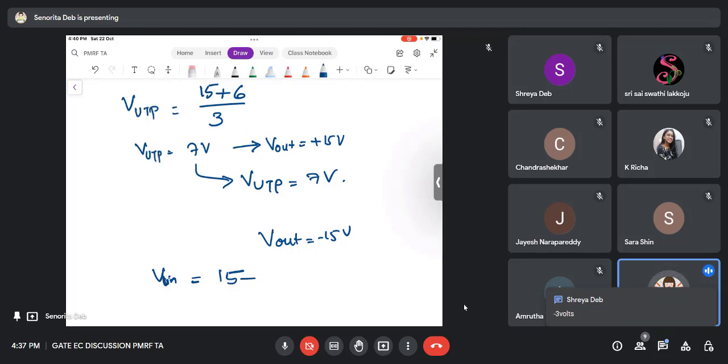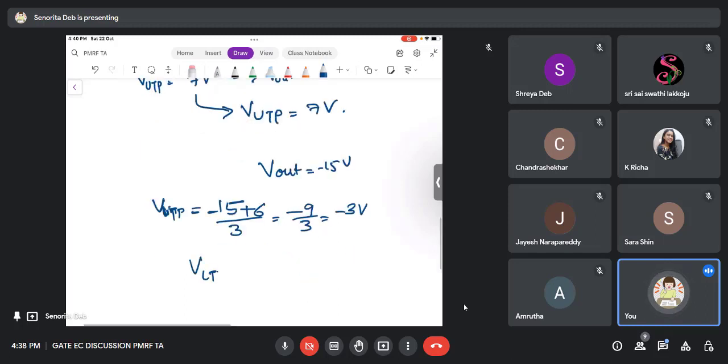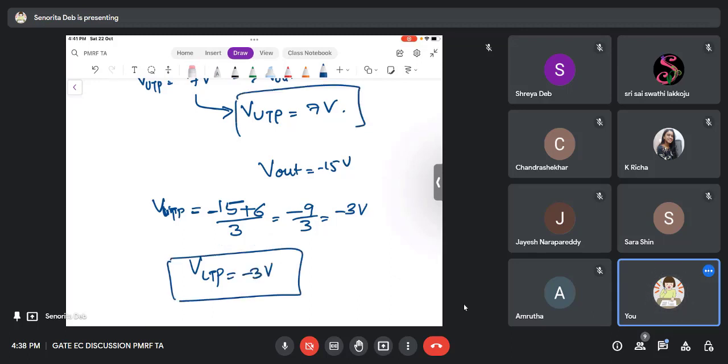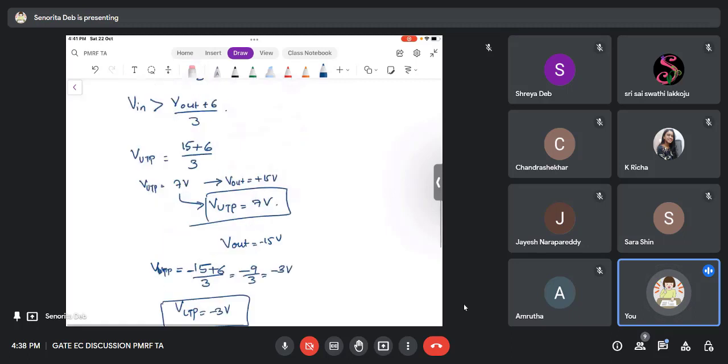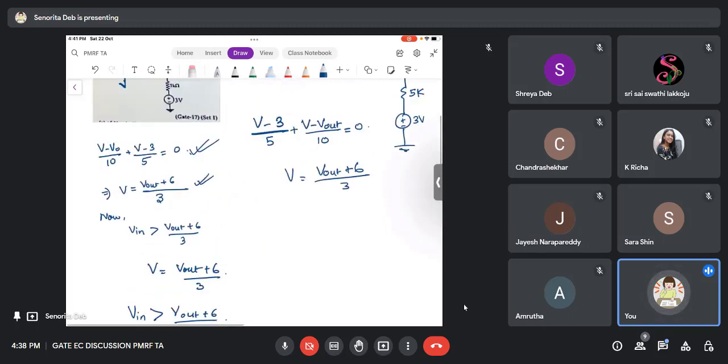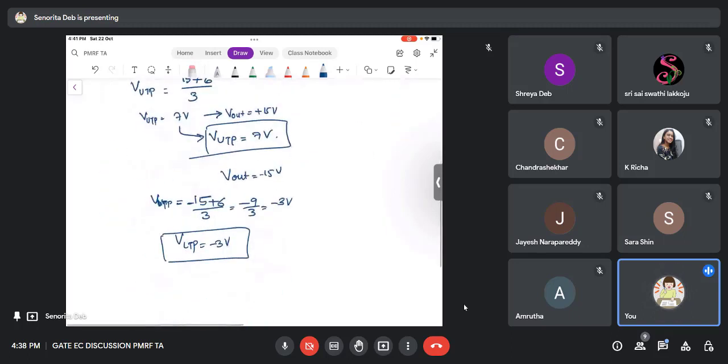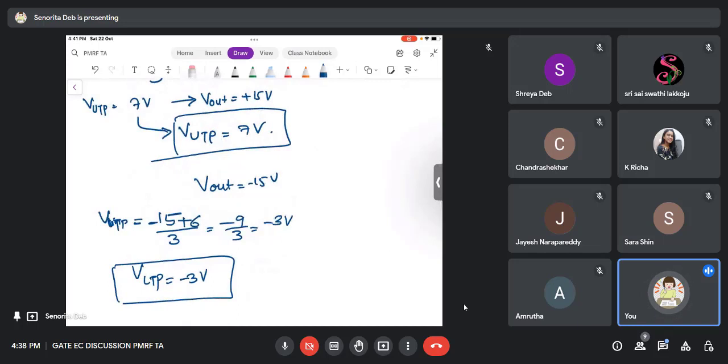So VLTP equals (minus 15 plus 6) by 3, which is nothing but minus 9 by 3, minus 3 volts. So VLTP is minus 3 volts. So this is the answer. VUTP and VLTP were asked. In this question I have not mentioned the options. It was an option based question, not a numerical answer type, and this is how it came to be.